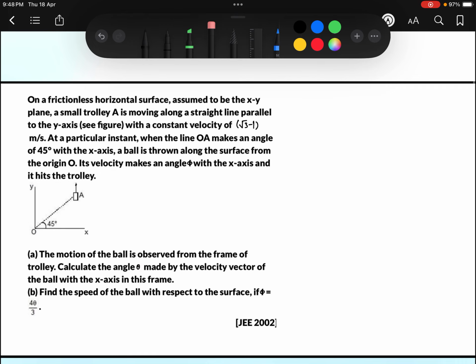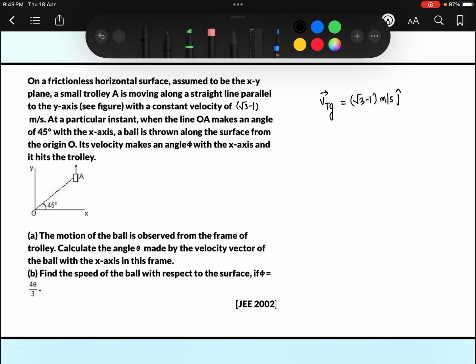Let us suppose the speed of this trolley with respect to ground is given as root 3 minus 1 meter per second in j cap direction, y-axis.